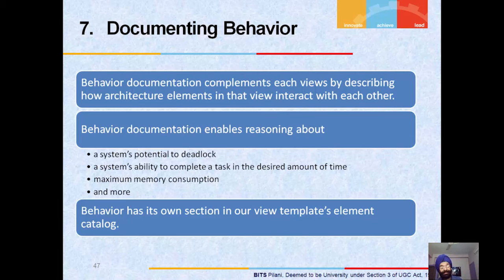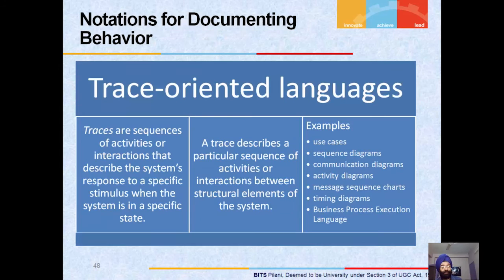So this type of information will come out of behavioral documentation. Now, basically, any document which shows behavior uses a trace-oriented language. It shows you a sequence of activities. It shows you interaction between elements.